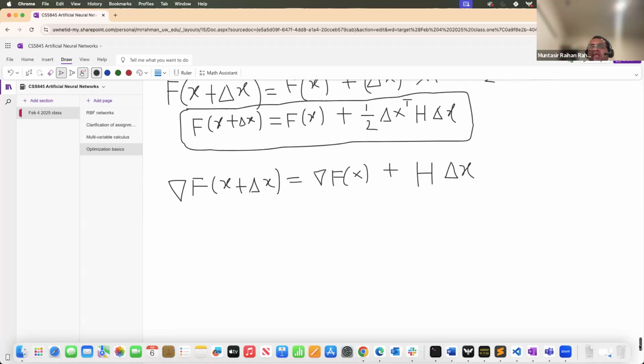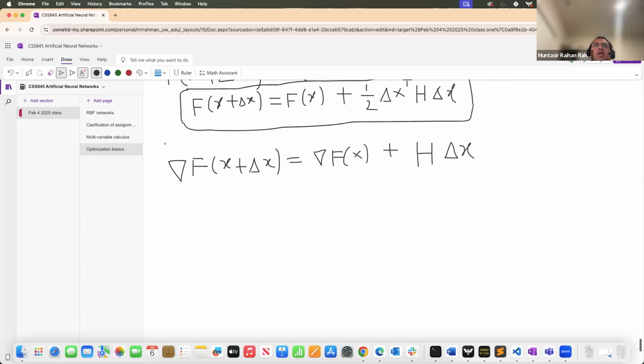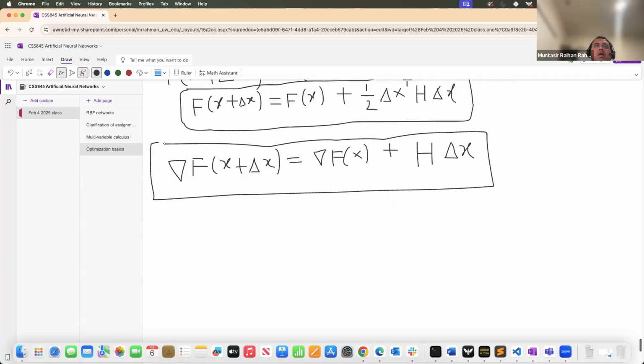Okay, so now we have this equation. Newton's method says that I want to find an increment delta x such that from x, if I go to x plus delta x, I want my function to be minimum, right? So if I want f of x plus delta x to be minimum, what would be the condition for the gradient of f at x plus delta x?